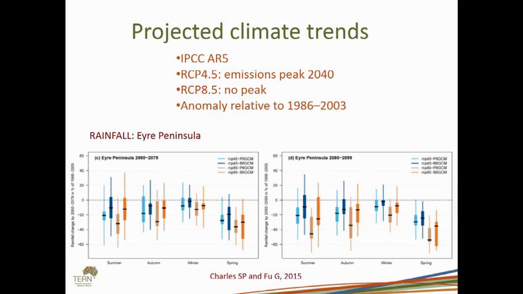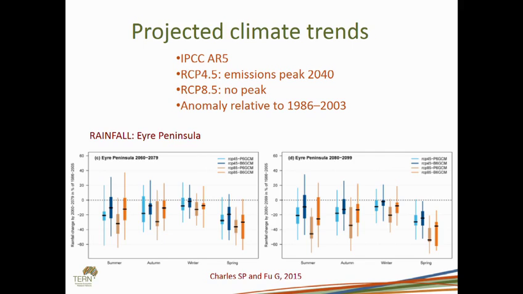Looking at rainfall projections, currently in the north of the state there's going to be more warming compared to the south of the state, but about the same rainfall or maybe some more summer rainfall, whereas in the south of the state we're looking at a drying trend as expected.